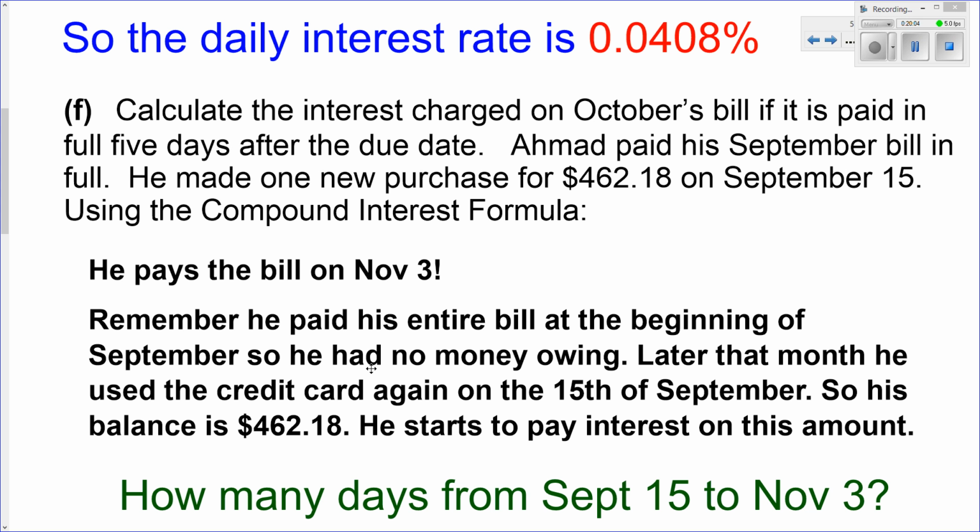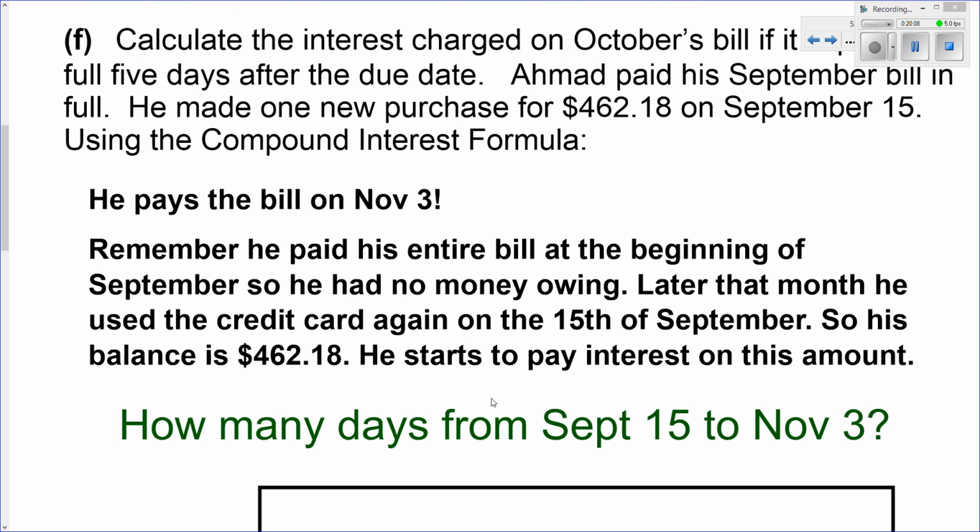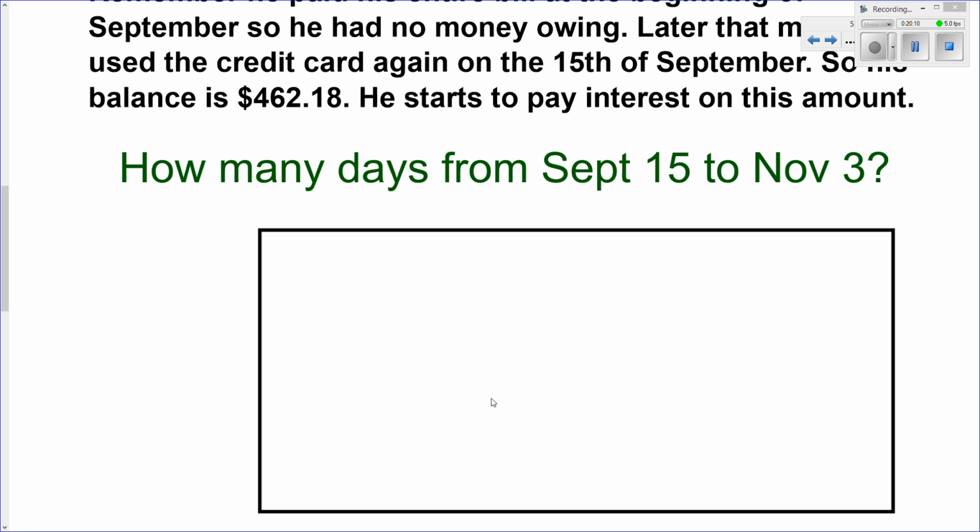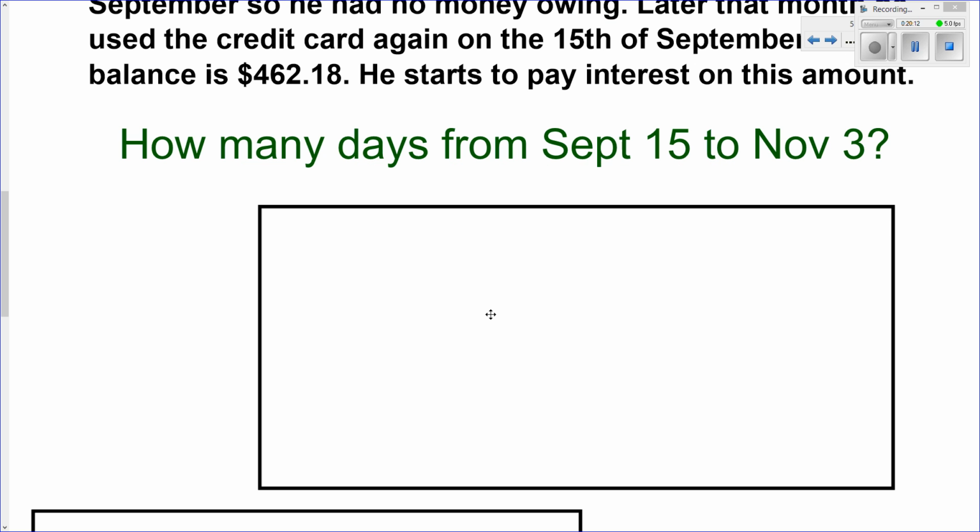So here's what's happening. We need to figure out how many days happened between September 15th and November 3rd. So you got to remember the old nursery rhyme. 30 days have September, April, June, November. All the rest have 31, save for February, it has 28 days clear, 29 each leap year.